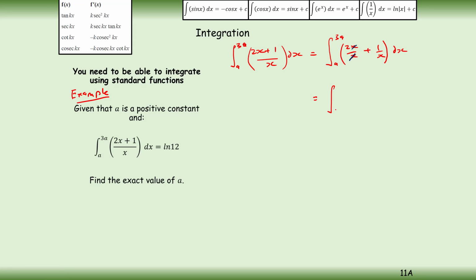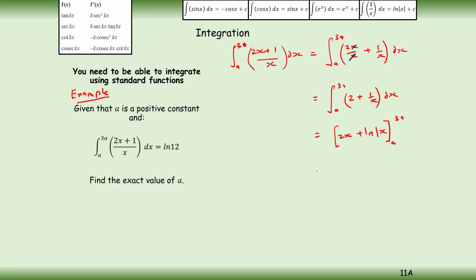Now I have the integral of 2 plus 1 over x. Much easier to do. And that's going to be equal to 2x plus log of modulus x from a to 3a.